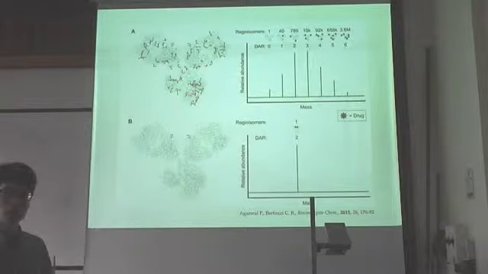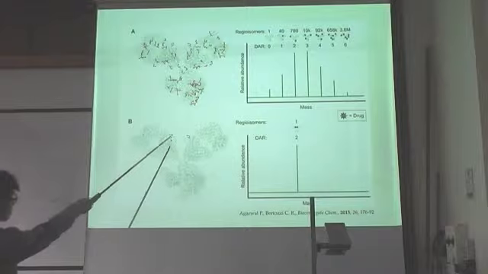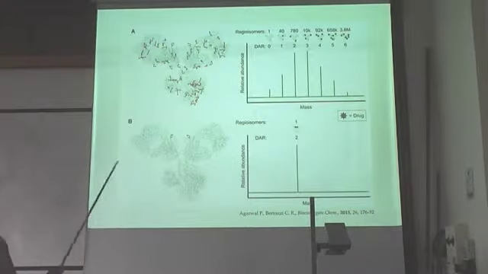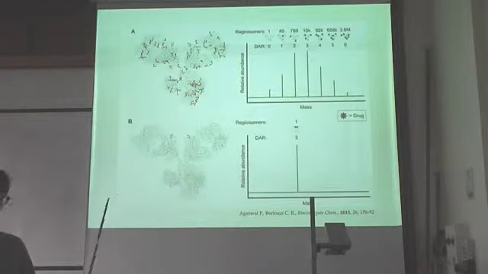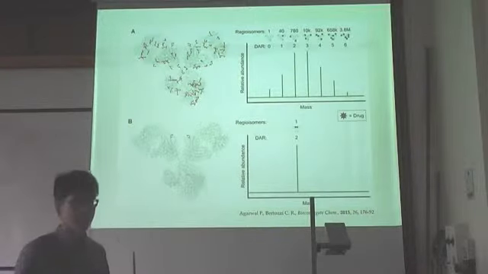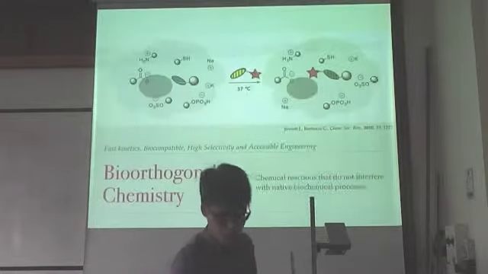That is very difficult to characterize and analyze. However, if we can actually site-specifically modify the antibody at those two sites only, then the picture becomes a lot clearer, and it's much easier to analyze and optimize these biopharmaceuticals.